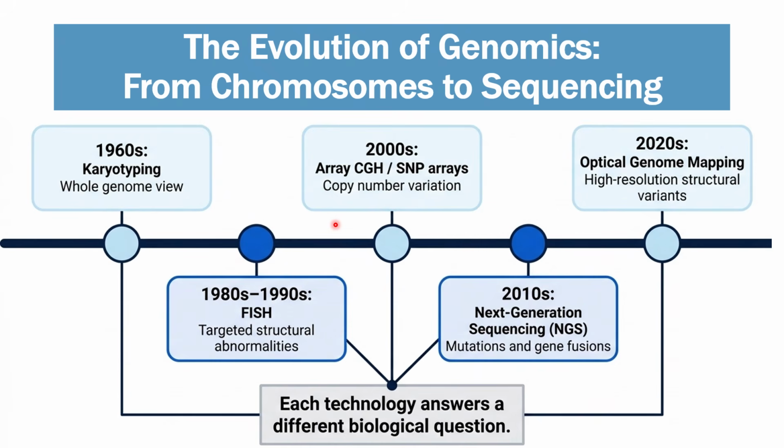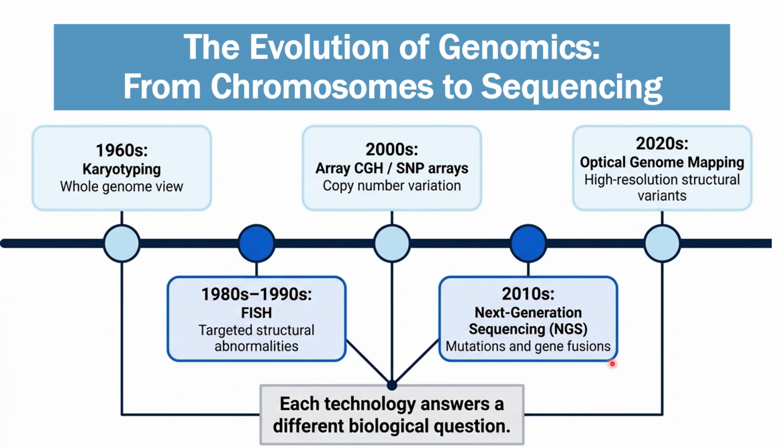Remember that CGH, or comparative genomic hybridization, cannot detect balanced translocations. The reason is the DNA content will remain the same, whether it is a balanced translocation or an inversion, you will still have the same DNA content. So, for that, you will still need karyotyping, and CGH will not work in that condition.